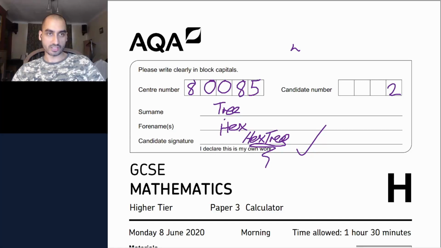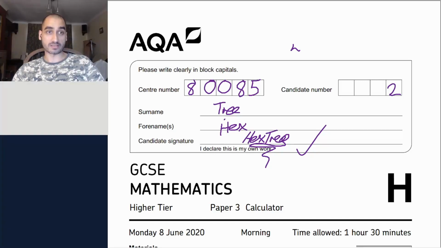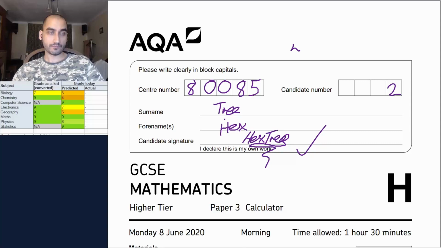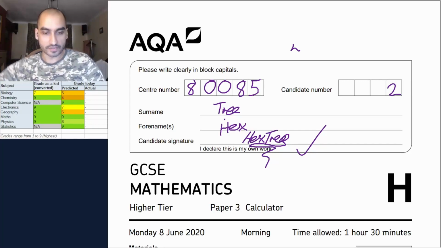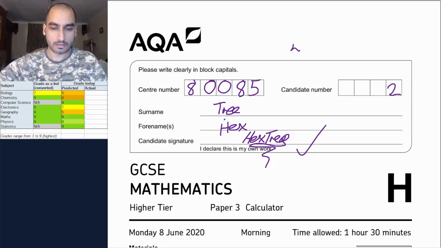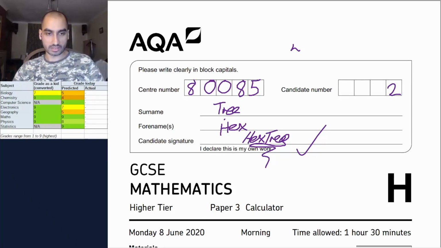Let's bring up the spreadsheet. So I finally got A grade for one subject. So altogether for maths, the first paper I got 78. Let me check these.